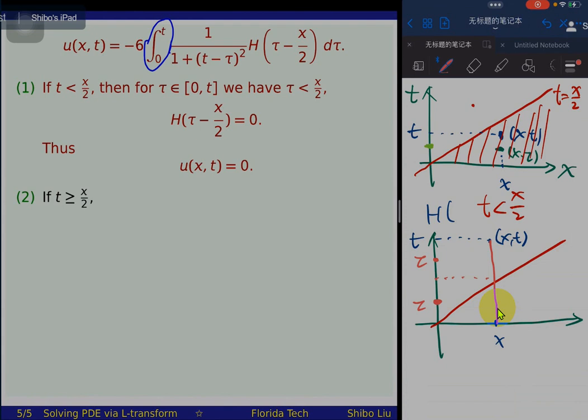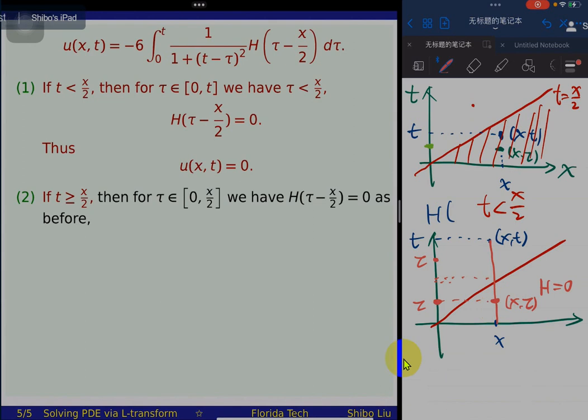When tau is here, then your point x, tau is lying below the red line. Therefore, capital H of tau minus half of x is 0 here.